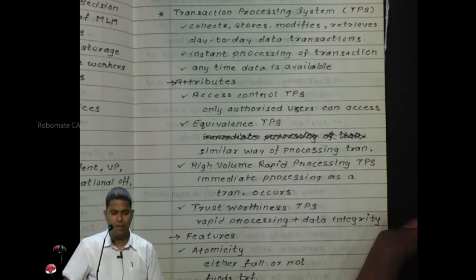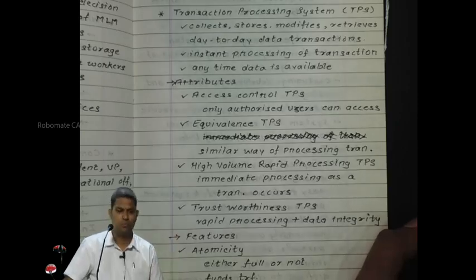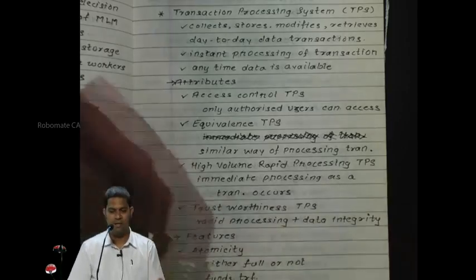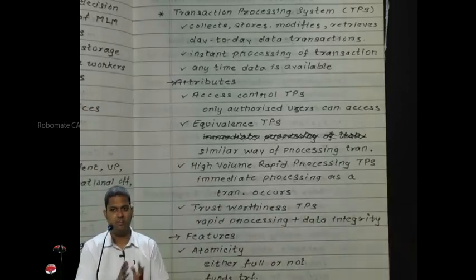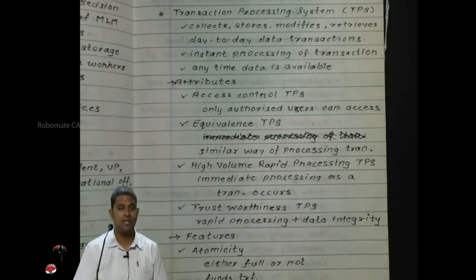Process number 1: water, boil it, put sugar, put tea powder, put milk, that's one way. 2: water and milk, mix it together, keep it for boiling, put sugar, put tea, that's another way.